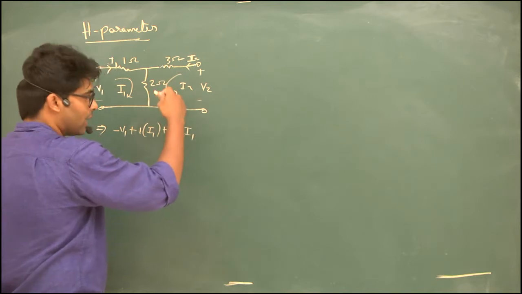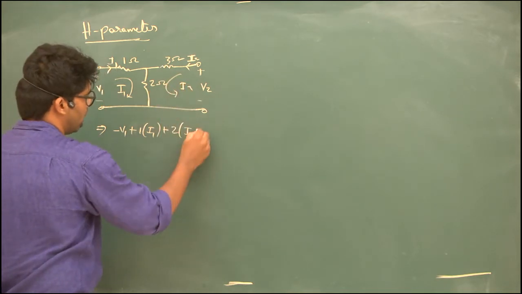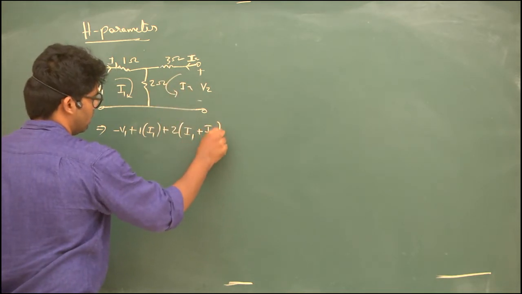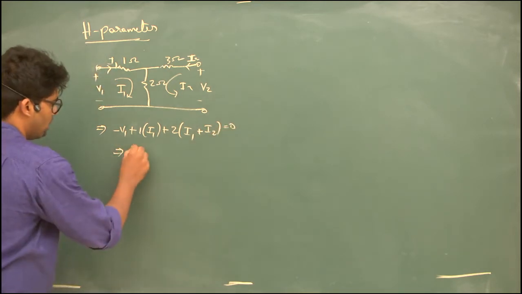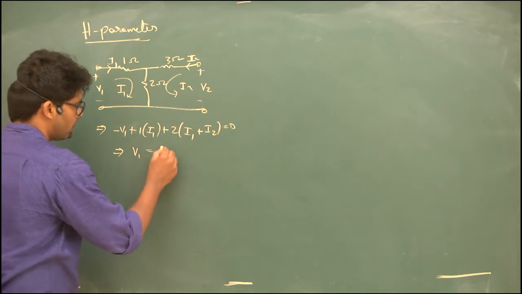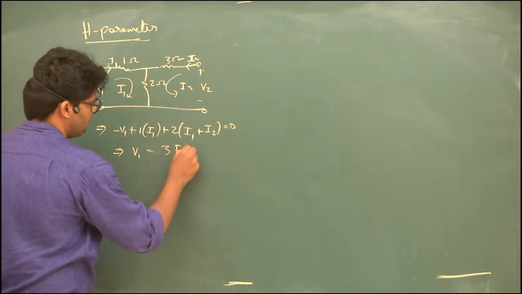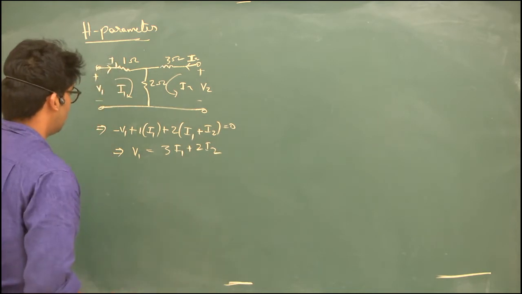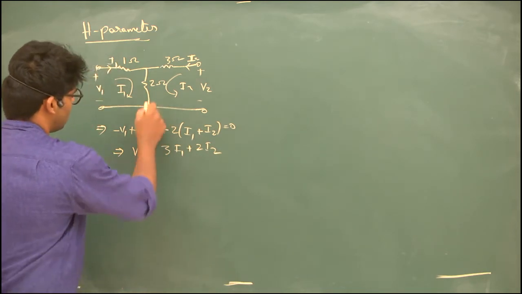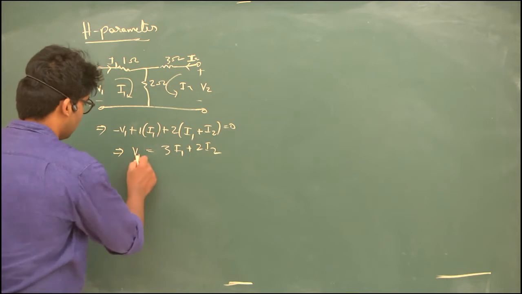Both currents are entering at the 2 ohm, so I1 plus I2 equal to 0. Therefore you will get V1 equal to 3I1 plus 2I2. Okay, so this is the z parameter expression for V1 of this circuit.